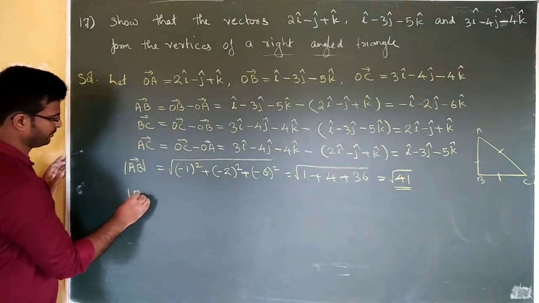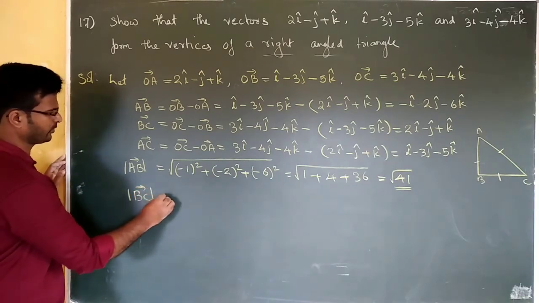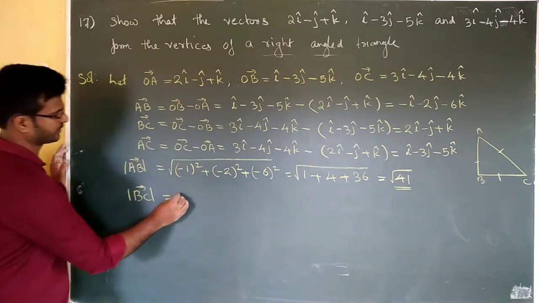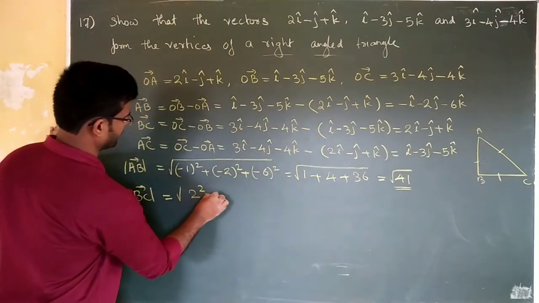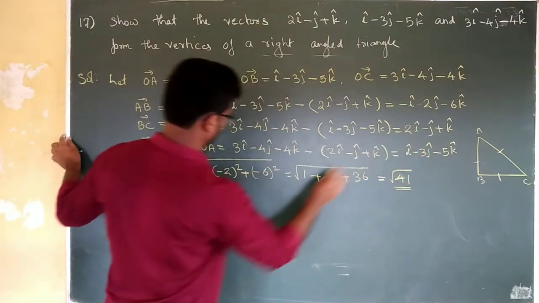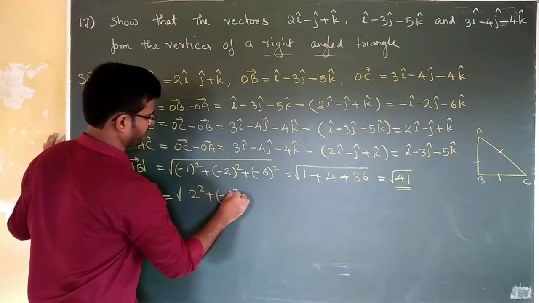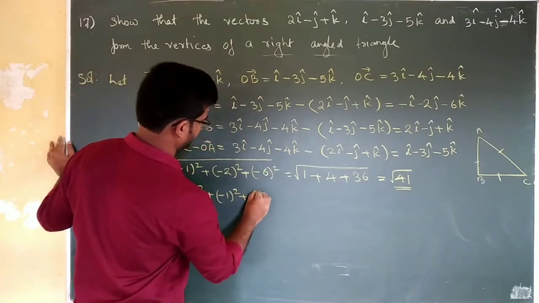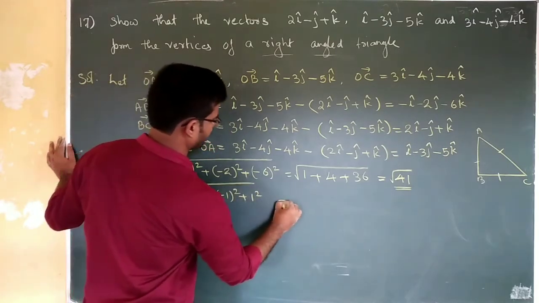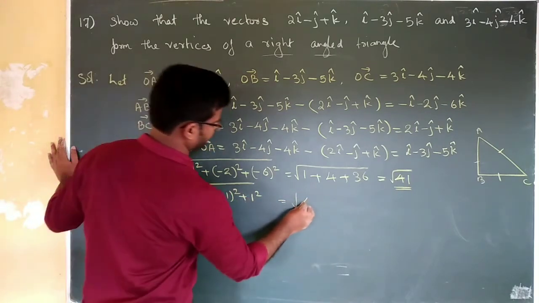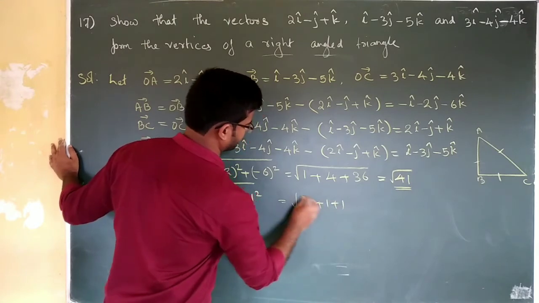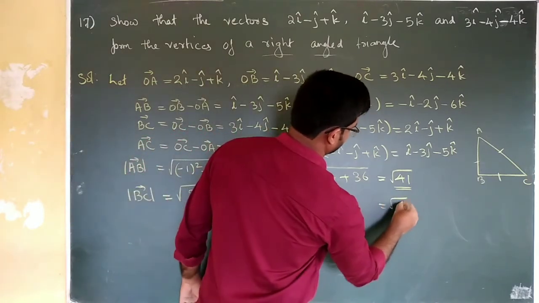Then the magnitude of BC vector, that is the length of side BC. BC vector we already got. From there we can write 2 square plus minus 1 square plus 1 square. Square root of, what will you get? 4 plus 1 plus 1, root 6.